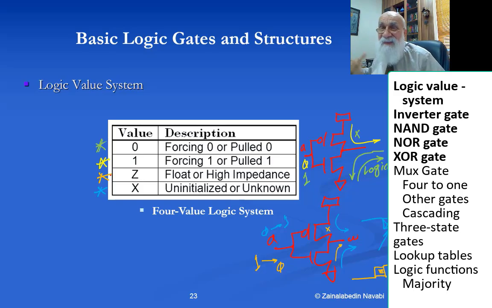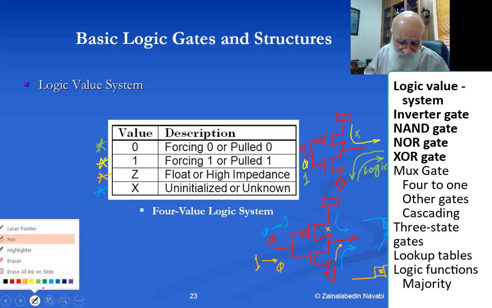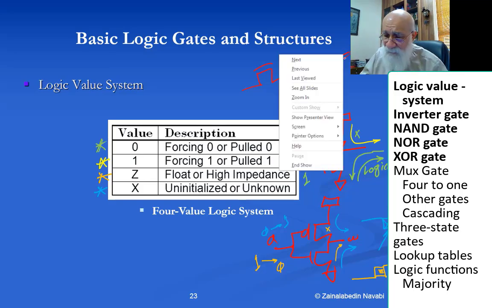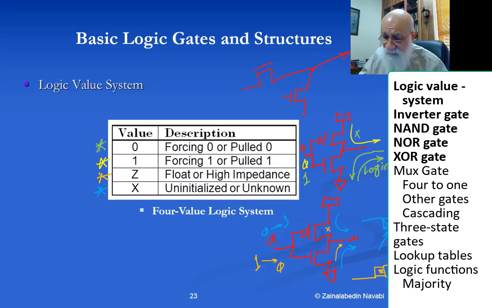So to represent these situations, I need something beyond just 0 and 1. I need something like a 0, a 1, a Z, and an X. Another example for these values would be, for example, if you have a transistor here and another transistor here, and you're talking about this line driven by these two transistors. Let's say this is my output.